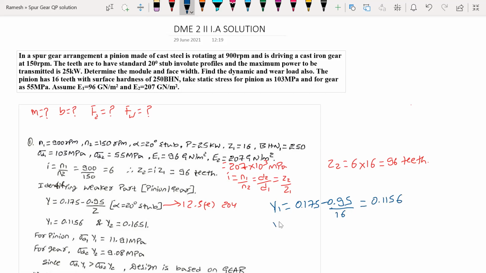Similarly, you need to calculate the Levy's form factor for gear. It will be 0.175 minus 0.95 divided by Z2. Z2 just now calculated, it is 96. Substitute that value 96. Therefore, after calculating, the value is 0.1651.